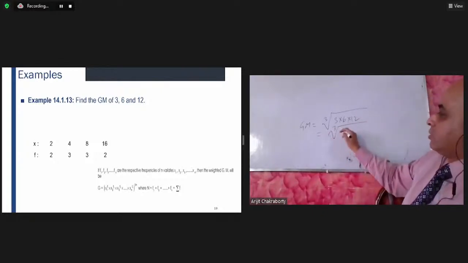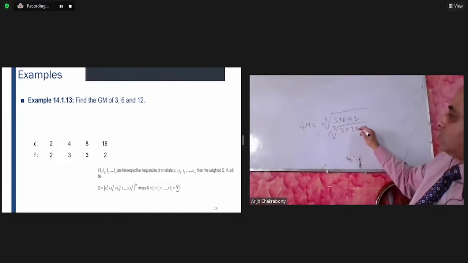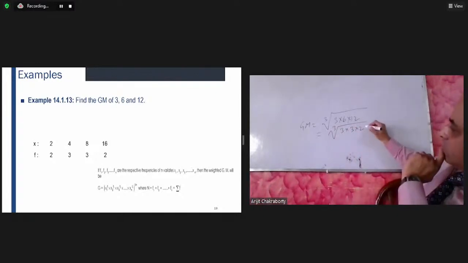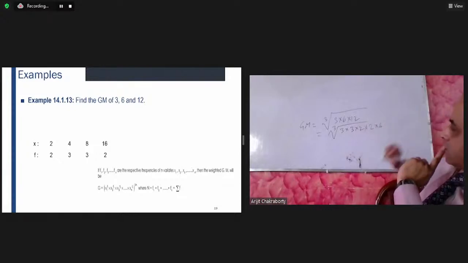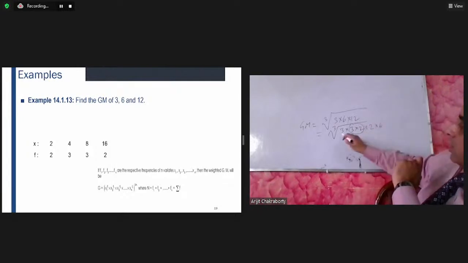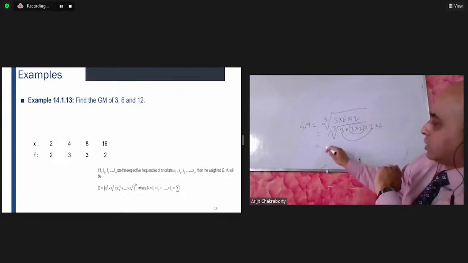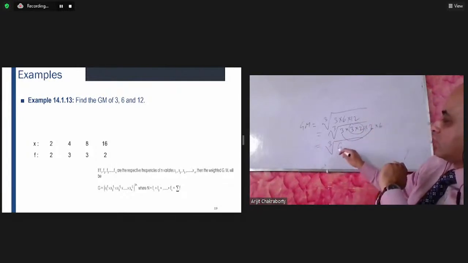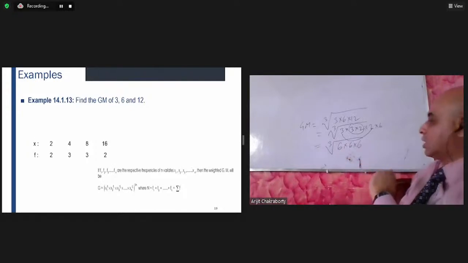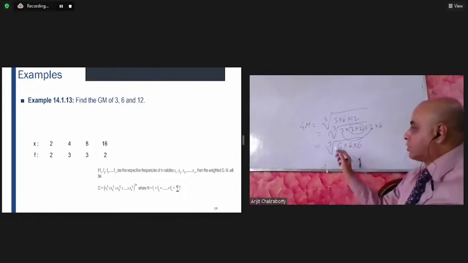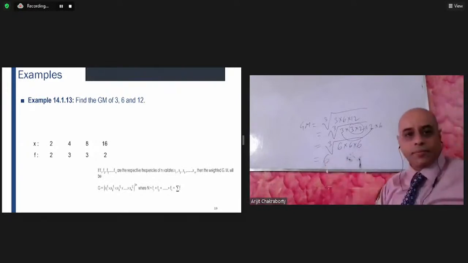Okay, so it is basically 216. I can break it up into 3 into 3 into 2, and 12 can be broken into 2 into 6. So I'm getting 3 into 2, that is 6. Again, 3 into 2, that is 6. So I'm getting cube root of 6 into 6 into 6. If I remove the cube root, I'm getting the answer 6.